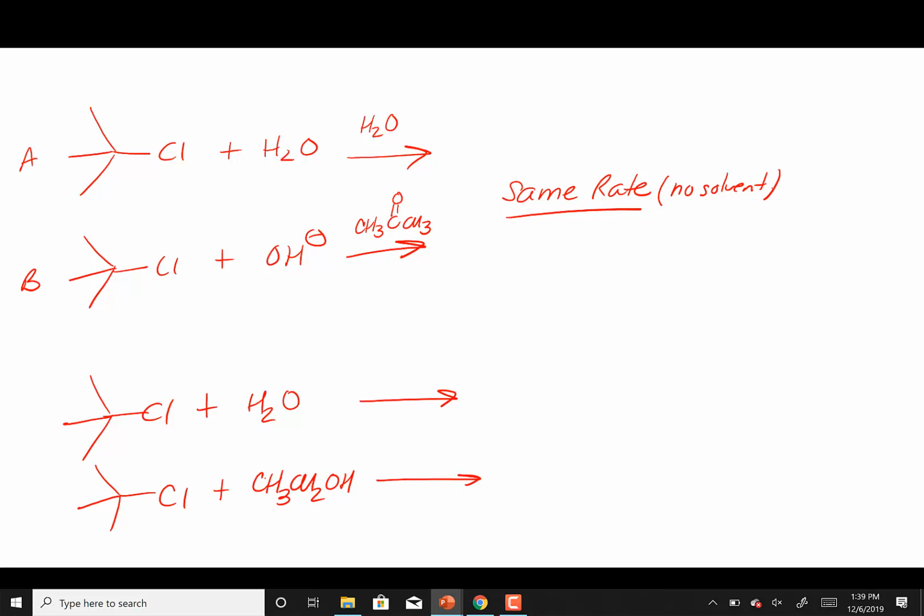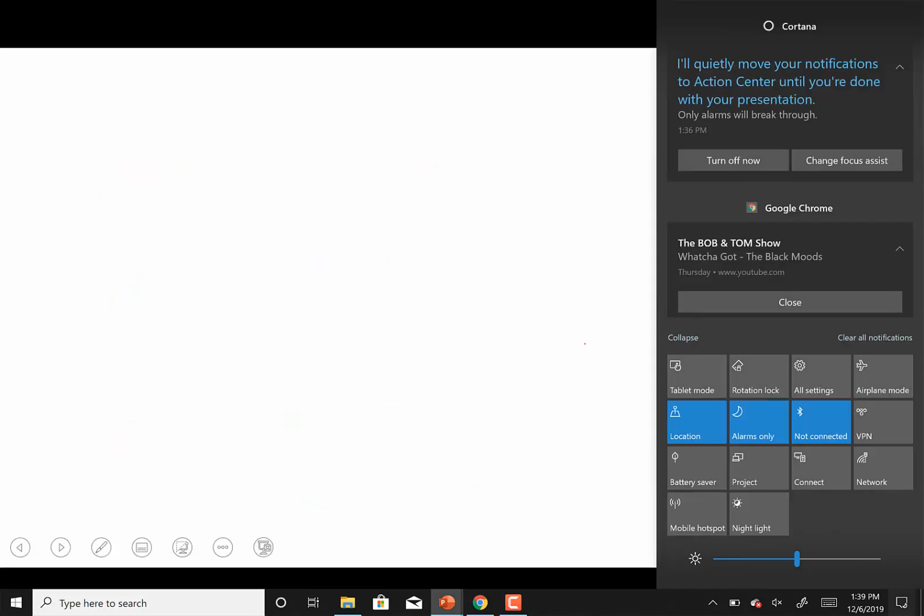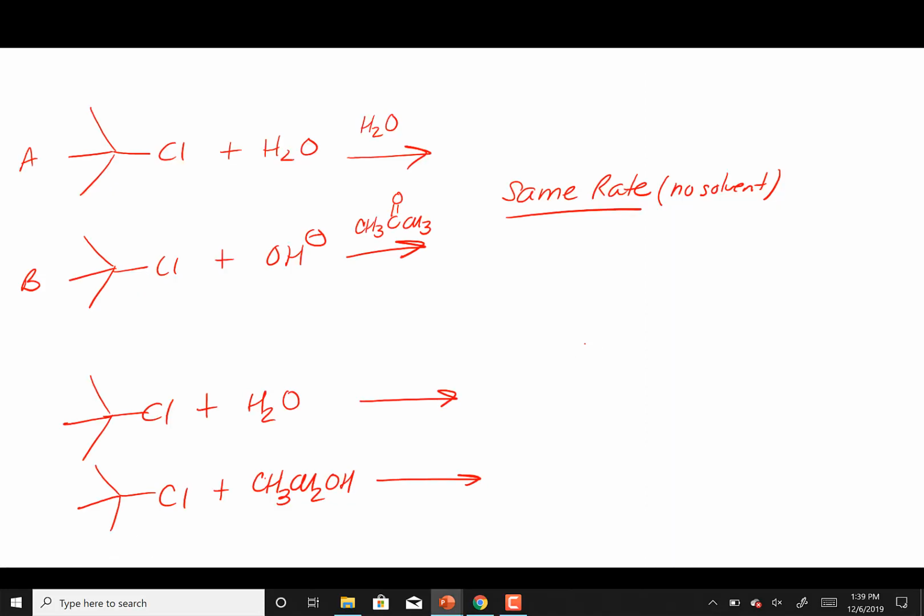But if I change the solvent, what does that mean? Well, we have to remember about the solvents. How do solvents affect the rates of SN1 and SN2? And I believe somebody asked about that as well. So, quick review.